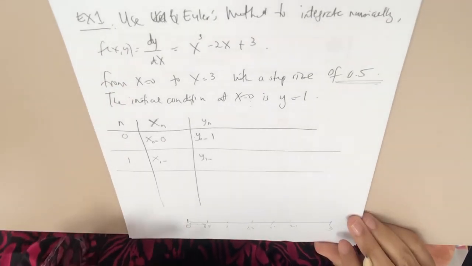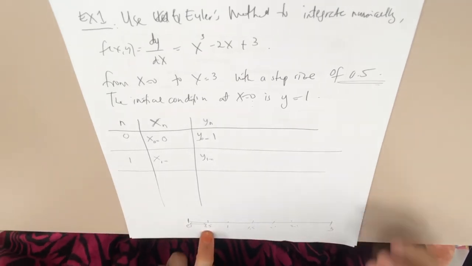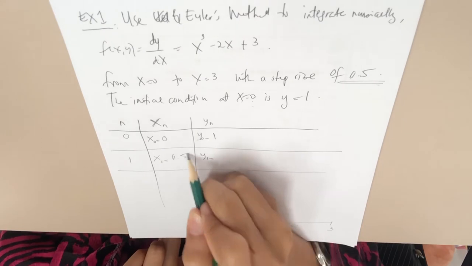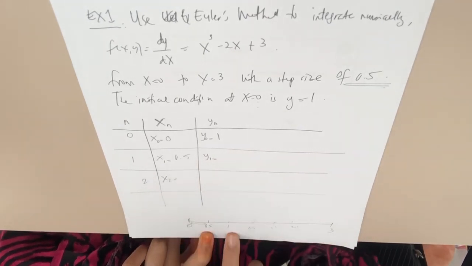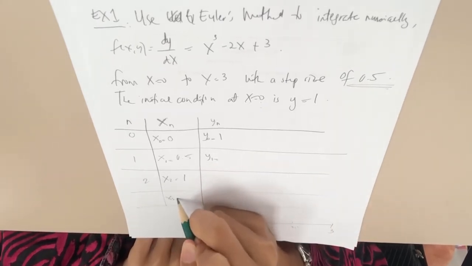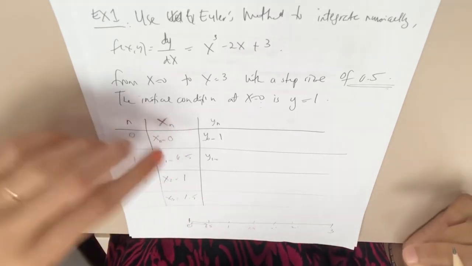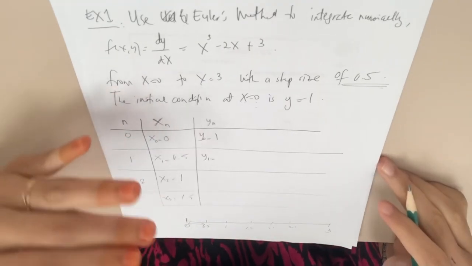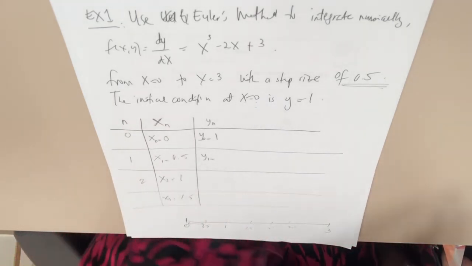Your initial is 0, so your X1 would be 0.5. How about X2? X2 will be 1. How about X3? X3 will be 1.5. You can see that the gap between each X is 0.5.